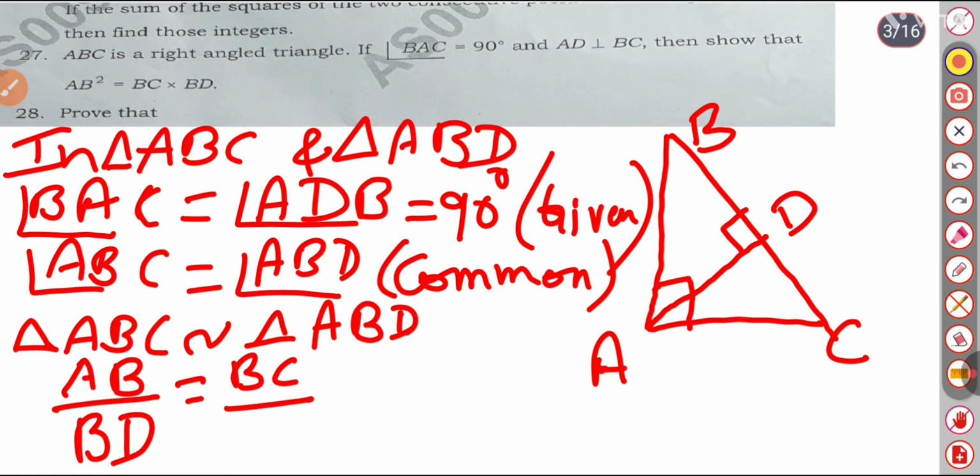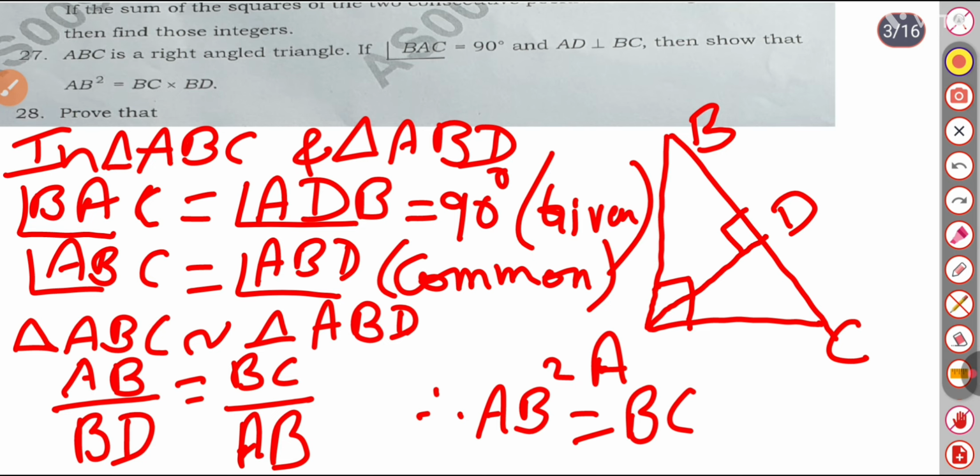And which is the hypotenuse for this triangle? In triangle ABD, for angle D, AB is the opposite side, so AB is the hypotenuse. Now if we cross multiply, what we'll get? Therefore AB into AB, AB square, is equal to BC into BD. That's what we have to prove.